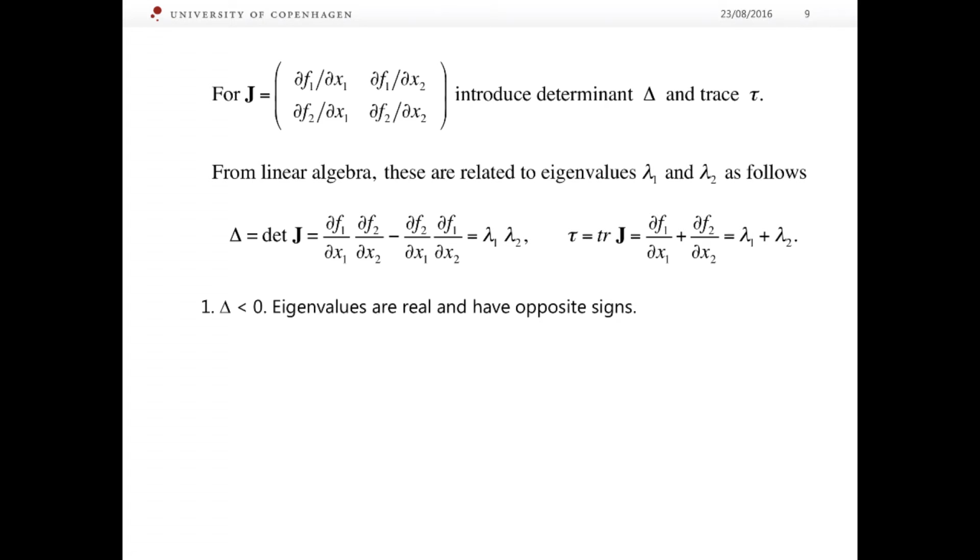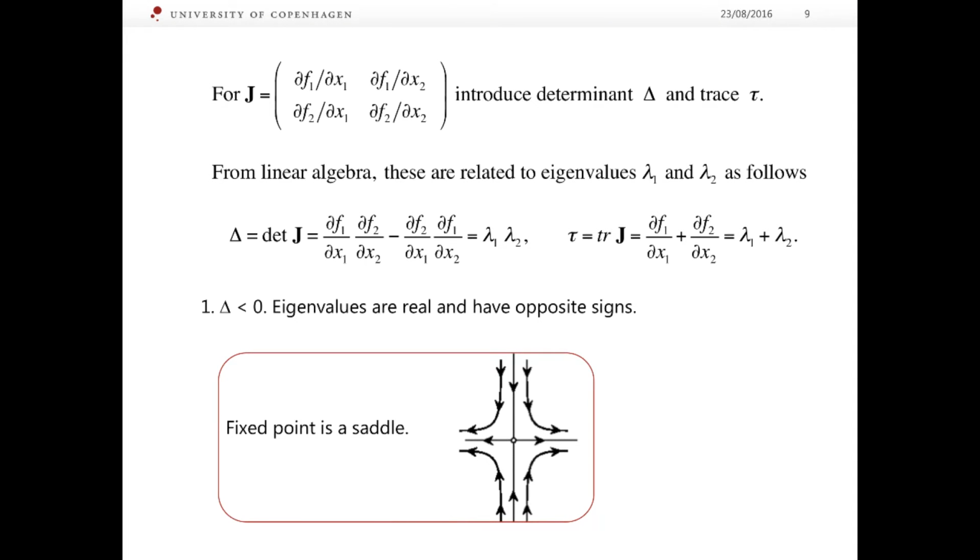In that case, the fixed point will be called a saddle, and the saddle fixed point, which in this picture is shown as the empty circle, is an intersection of two curves on the phase plane, which are called invariant manifolds. A saddle point is an intersection of a stable manifold and an unstable manifold. A stable manifold has arrows which go towards the fixed point in this picture, and the unstable manifold has arrows which go away from the fixed point.